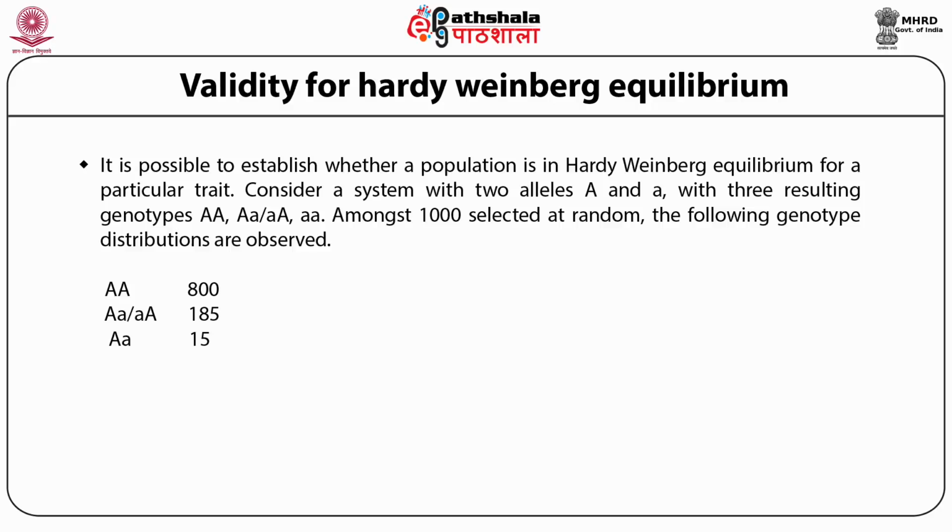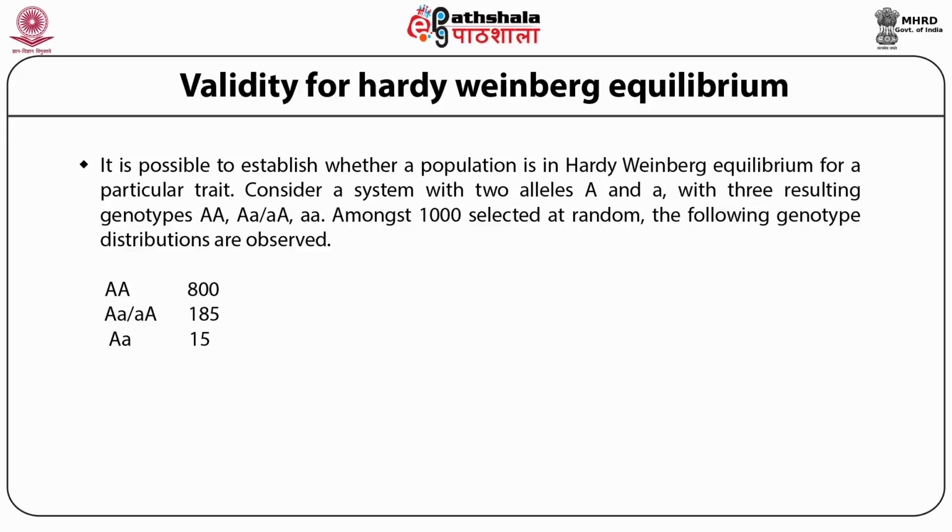That means, if we screen 1,000 randomly selected individuals, we have found 800 individuals with the capital A capital A genotype, 185 individuals with the capital A small a genotype, and 15 individuals with the small a small a genotype.